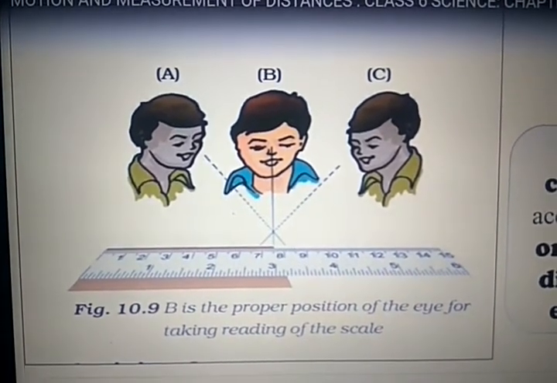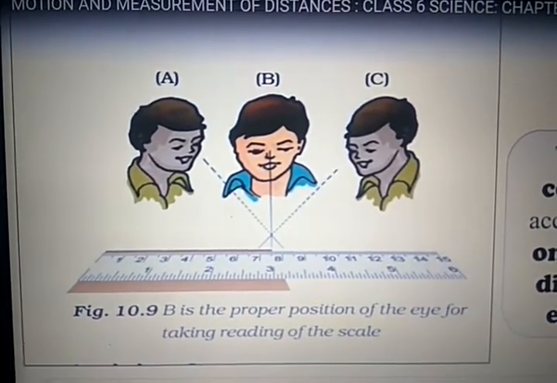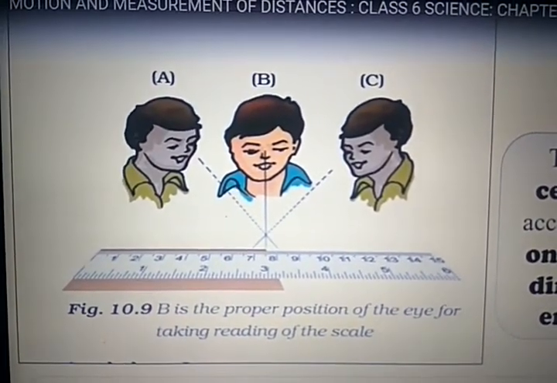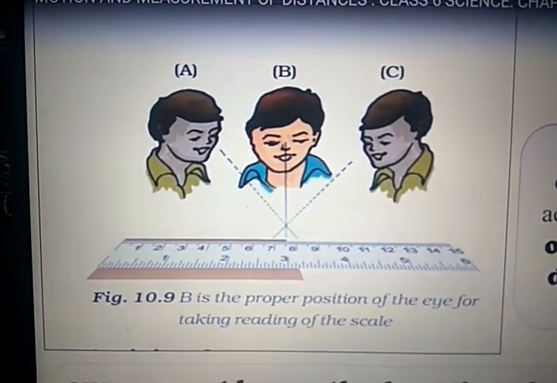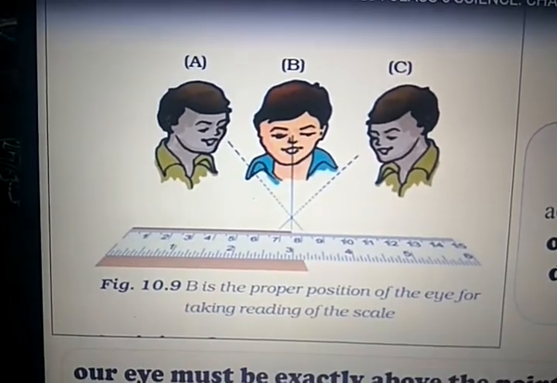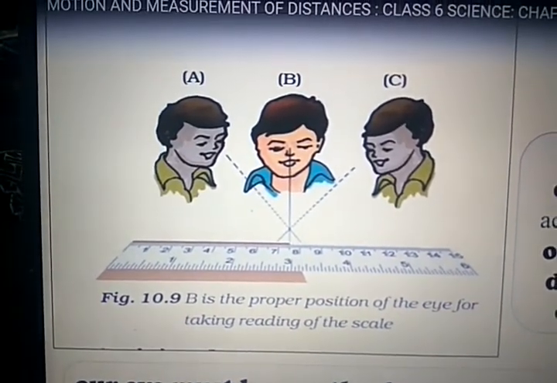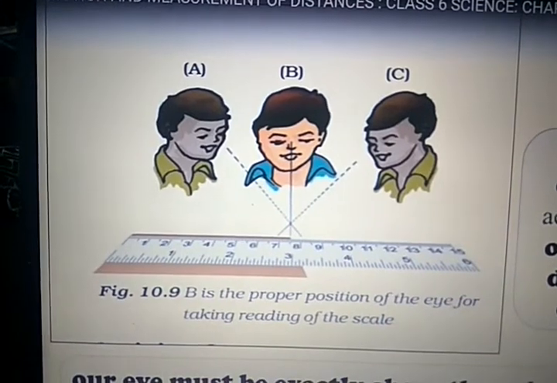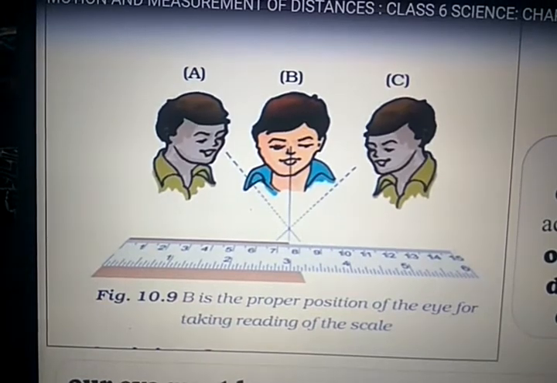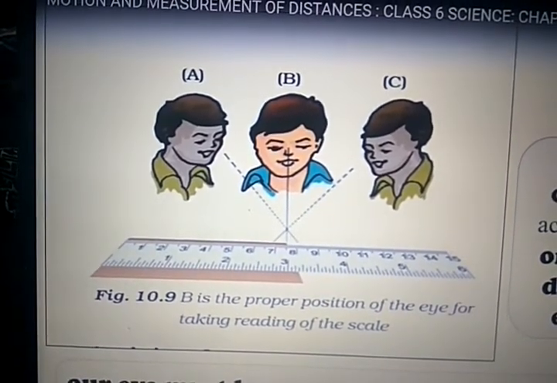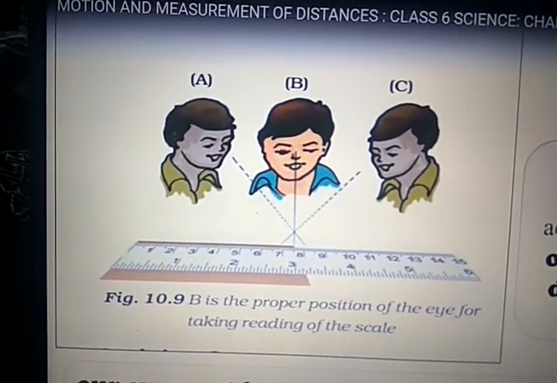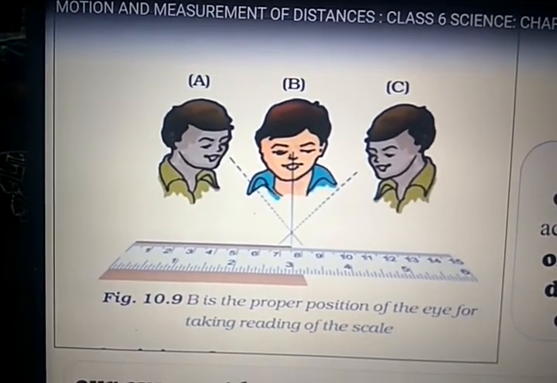Is boy A, B or C taking the correct measurement? The boy who observes vertically, that is boy B, is taking the correct measurement. A and C do not, because you may read wrongly. So you have to read the measurement vertically, that is position B.